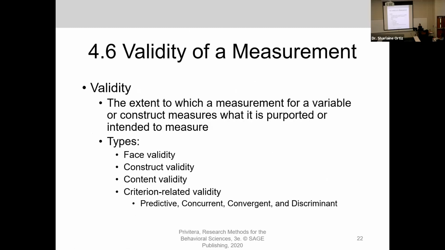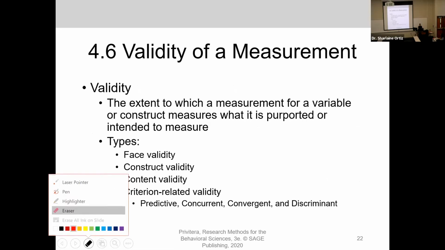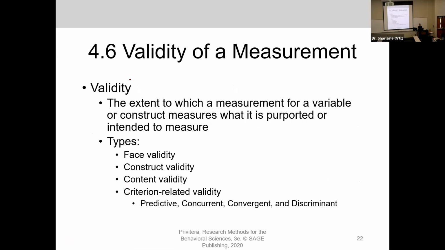Now, this is where people sometimes get confused. We talked about reliability, and if you learn nothing from reliability, it's that it remains consistent. Validity, on the other hand, what is validity?